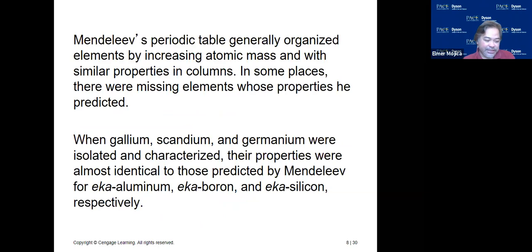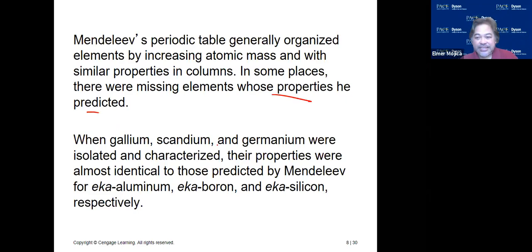Because they independently proposed a periodic table based on the periodic recurrence of properties. Mendeleev's periodic table generally organized elements by increasing atomic mass and with similar properties in columns. And in some places, there were missing elements whose properties he predicted. So this is the reason why he got the credit.